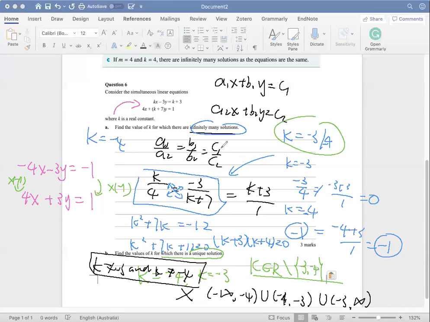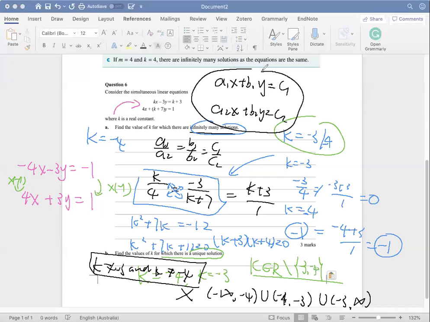Again, let's just quickly wrap up. For simultaneous linear equations, just make sure you write your form as ax plus by equals c for both equations. Then you compare the corresponding ratios.